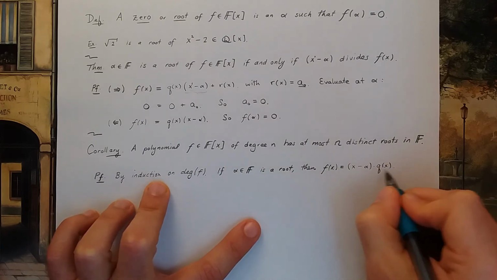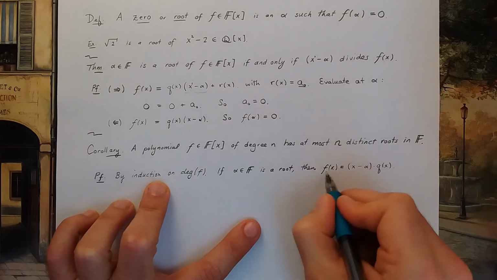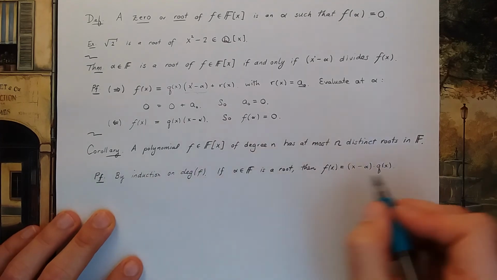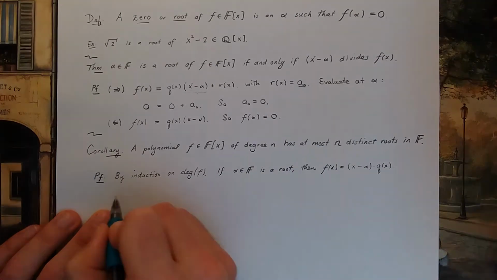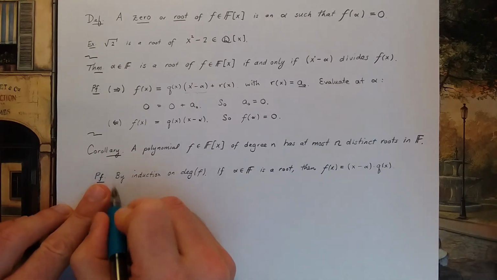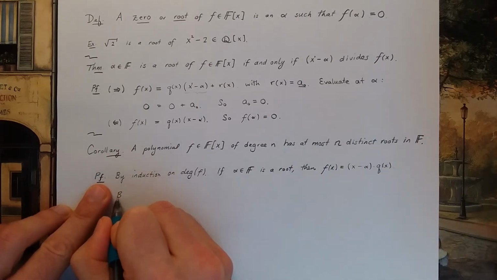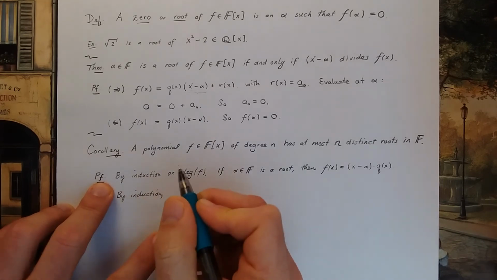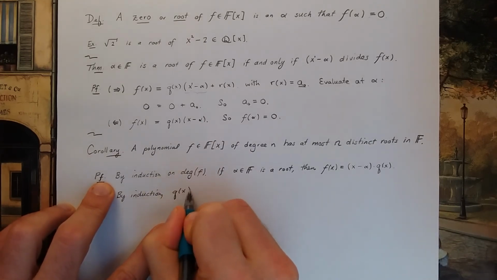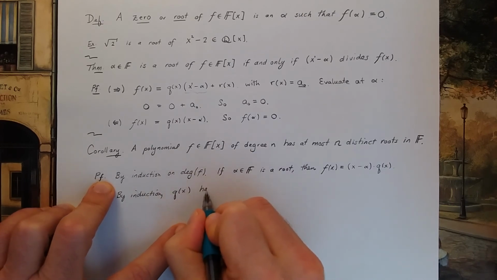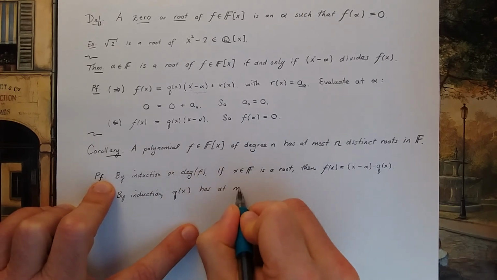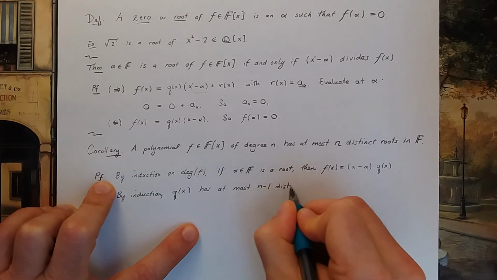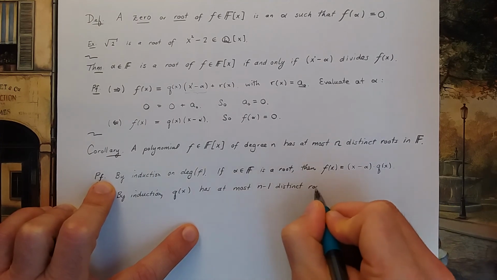The degree of q of x has got to be smaller than the degree of f of x. So I could use induction on q of x. So applying the induction hypothesis, q of x has at most n minus 1 distinct roots.